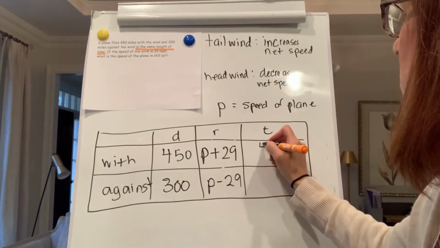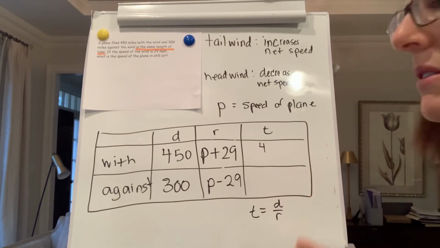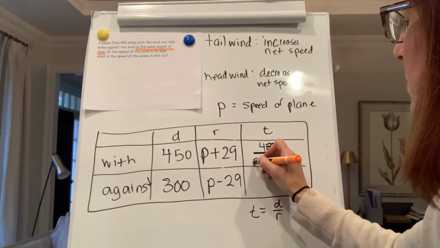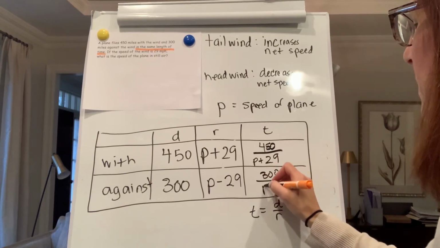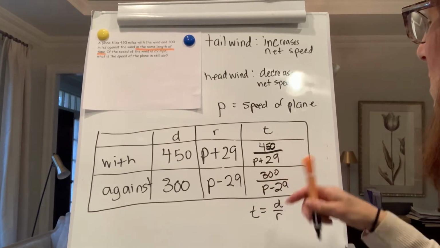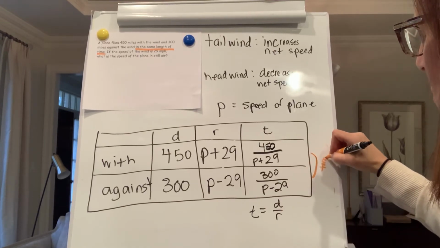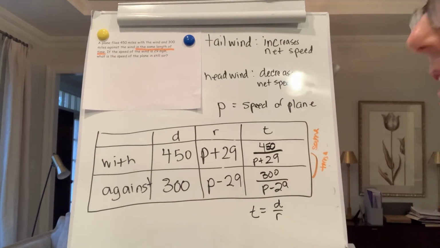Using time equals distance over rate, I get 450 over P plus 29 and 300 over P minus 29. And I'm given that these take the same amount of time.